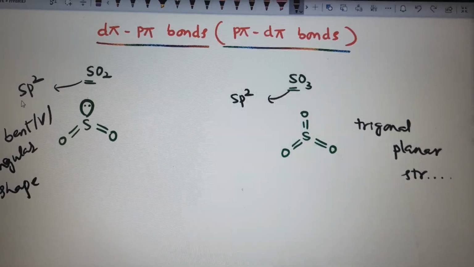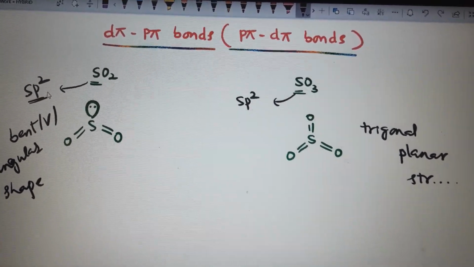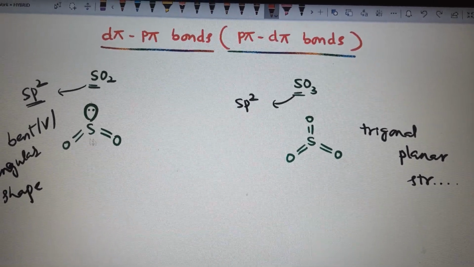Now sp2 means one more p orbital is still available, but there are two pi bonds.